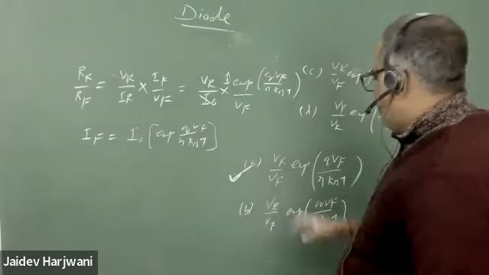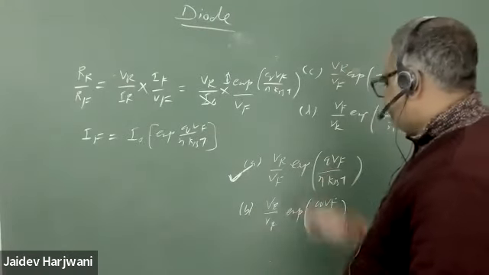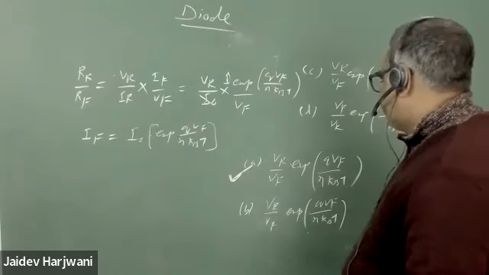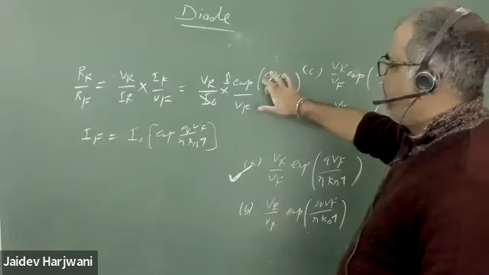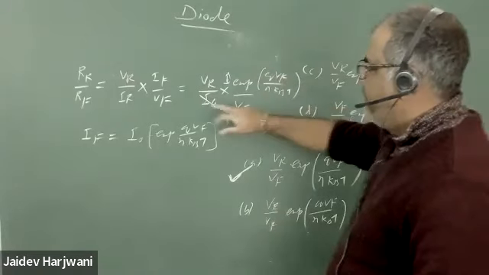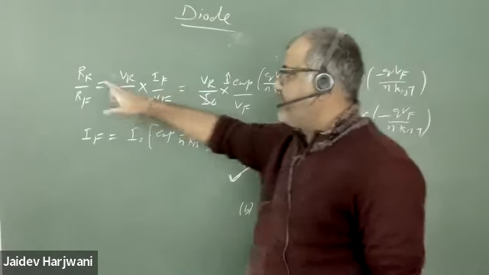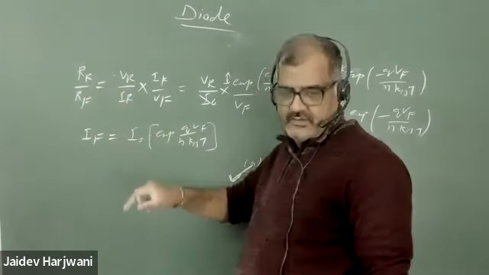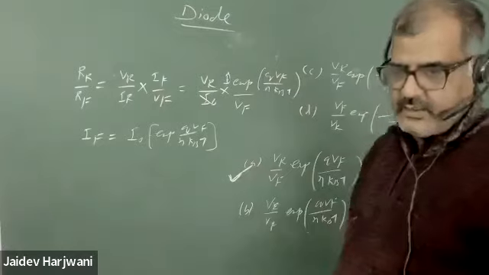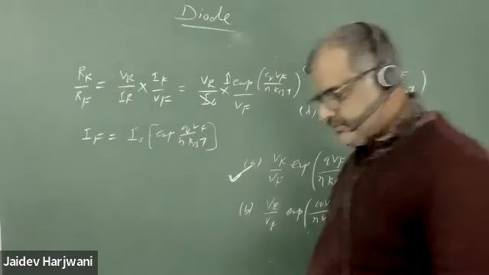So option A is coming. C won't come, because you don't have minus here. Forward current is up, right. They ask RR upon RF, they don't ask RF upon RR. Check it once.